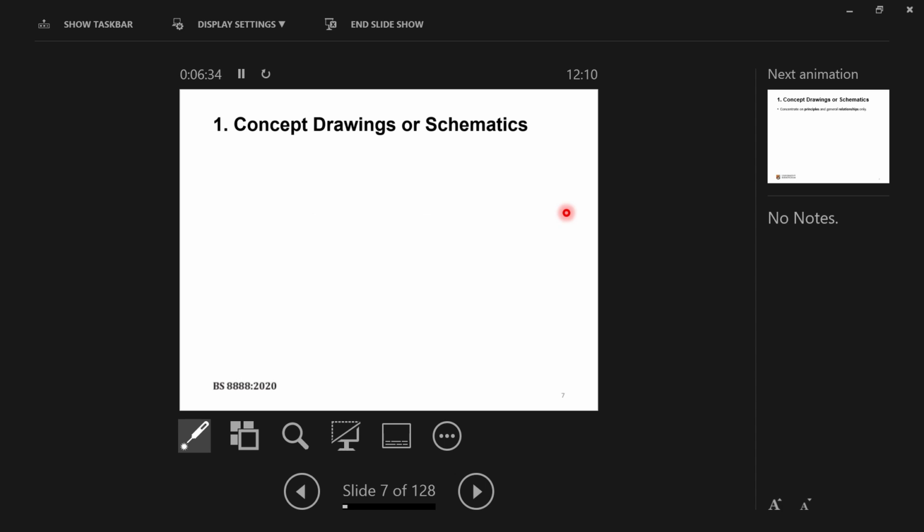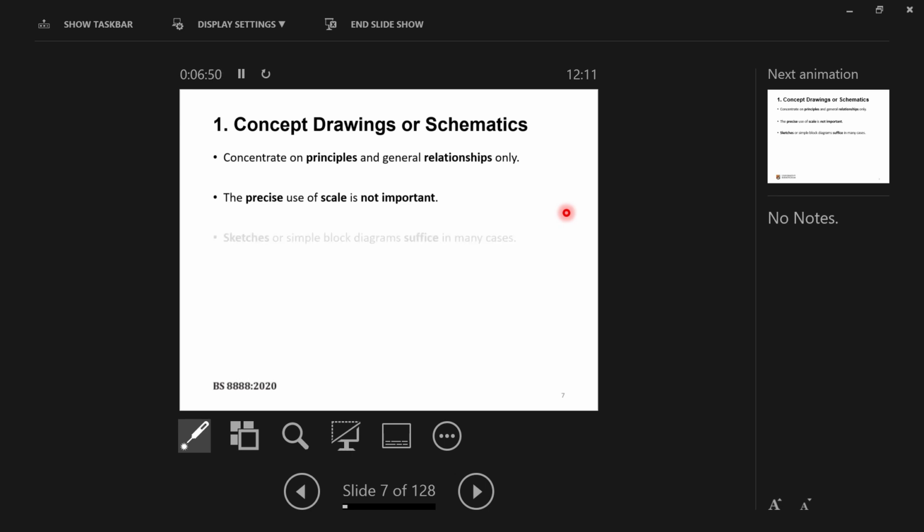So the first one is concept drawings or schematics. It concentrates only on the principles and the general relationships between components. The precise scale is not important at this stage. It's just sketches or block diagrams at the very early stage.